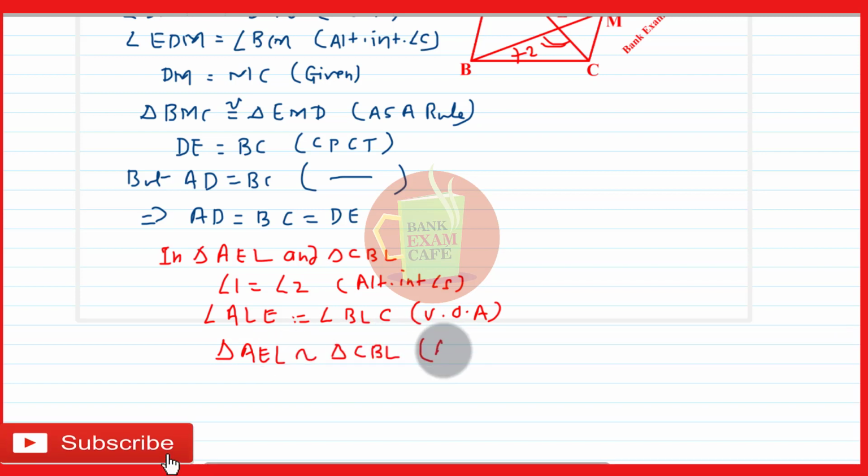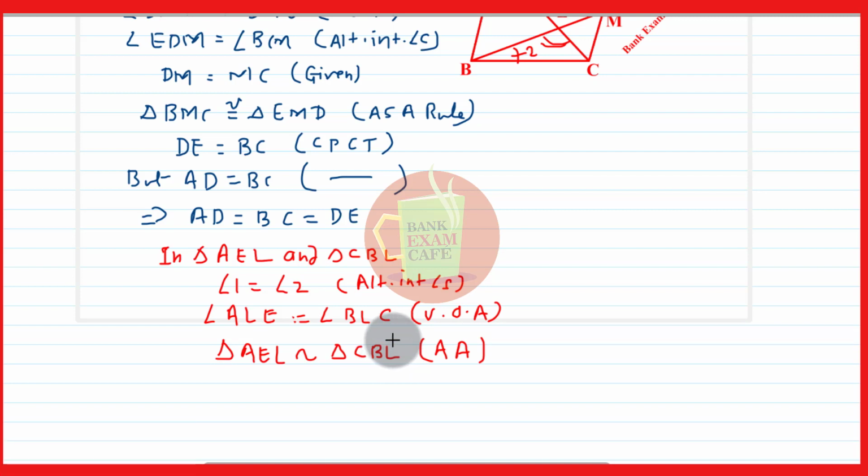So these two triangles are similar by AA similarity rule, and therefore since these two are similar, the ratio of their corresponding sides will be equal. So EL, its corresponding side is BL, so EL upon BL will be equal to AE upon BC. This AE and BC will be the corresponding sides.